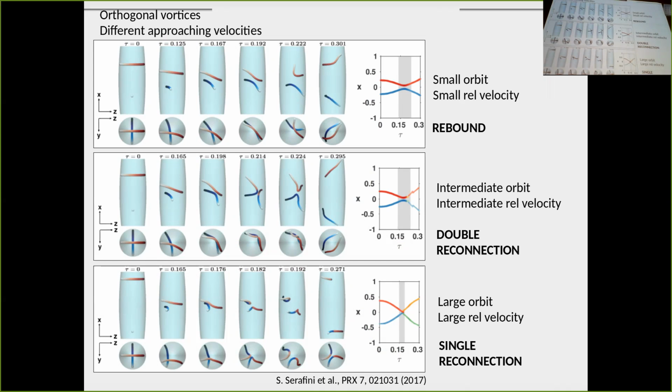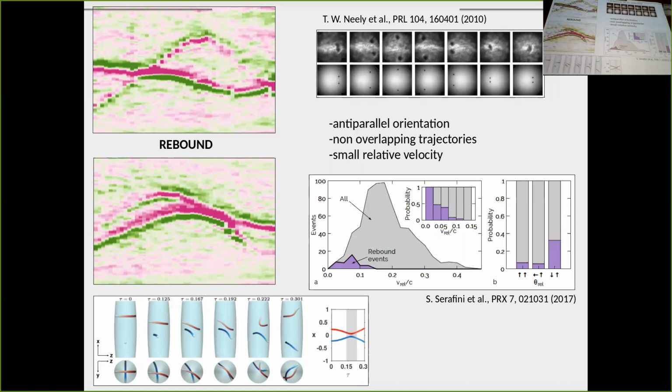From the experimental point of view, what do we have? As far as the rebounds, we observe that indeed these processes may happen, but essentially when the relative velocity is extremely low. For instance, here I plotted the full set of realizations that we have, and we noticed that the rebound happened with unitary probability at extremely low relative velocity, and then the probability of having rebounds drops very fast when we increase the relative velocity.